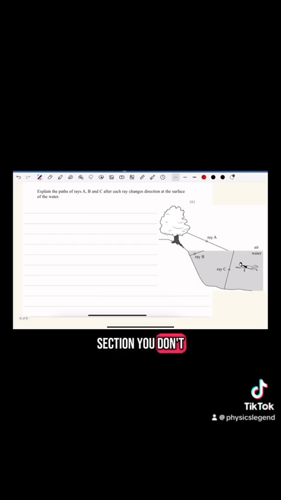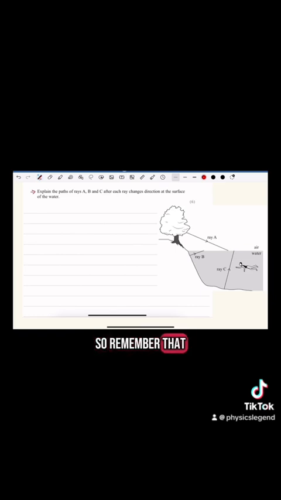The examiner is asking to explain, which means to give an answer or an account of something with reasons.